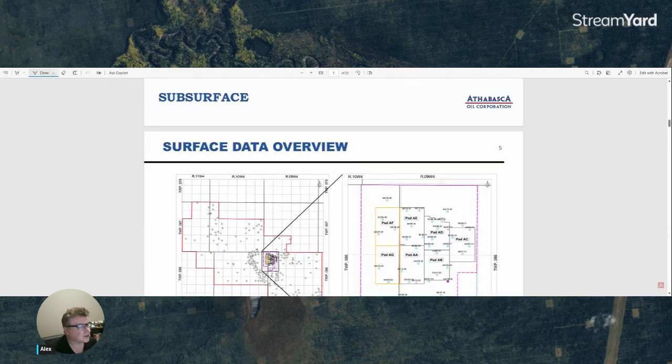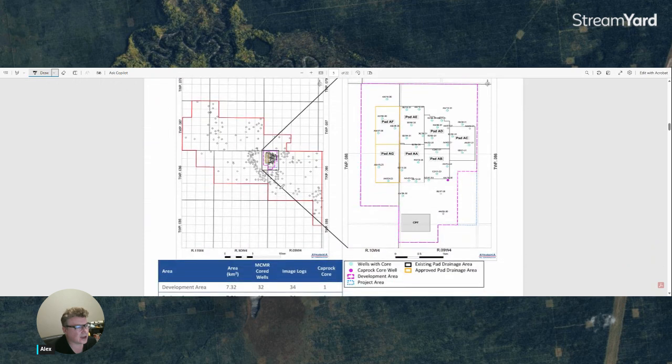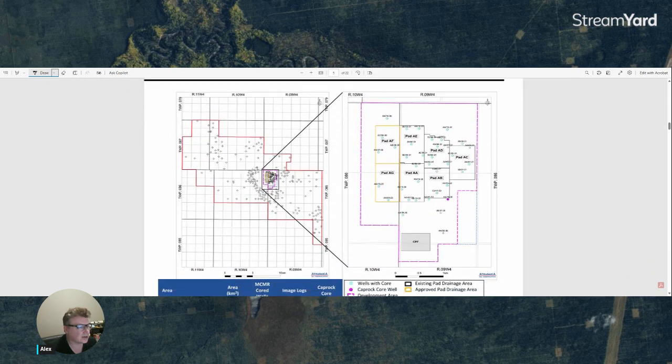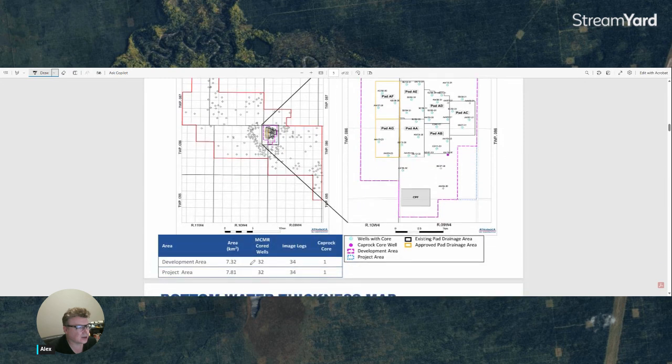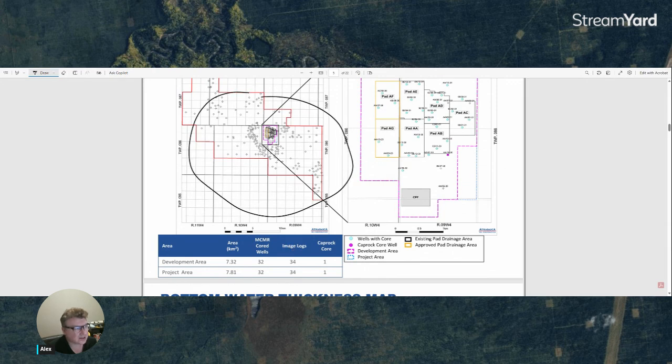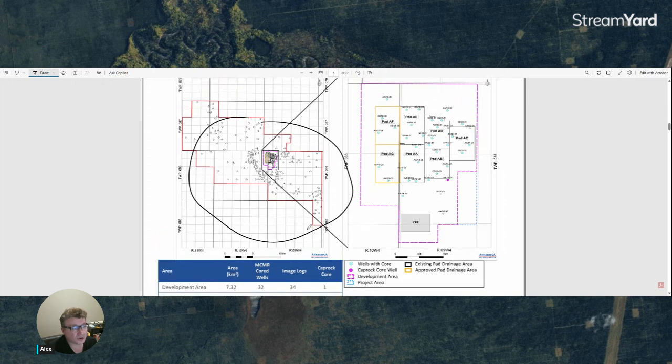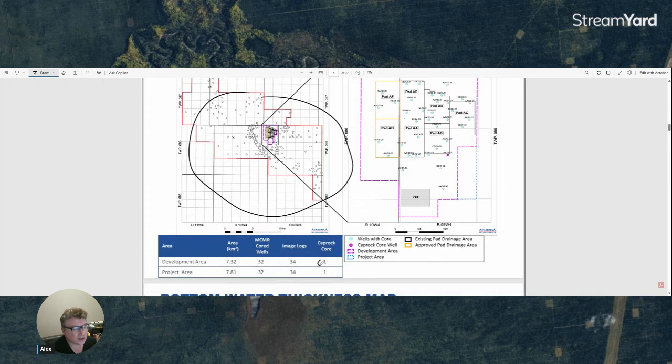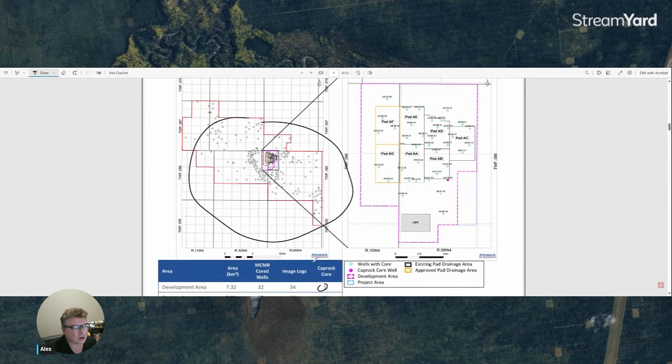Okay, so let's talk a little bit about the map here and go deeper into the asset. The development area here is 7.3 square kilometers. A significant amount of logs were required to better understand the asset, those are the logs and the caprock cores, to understand the integrity of the caprock.